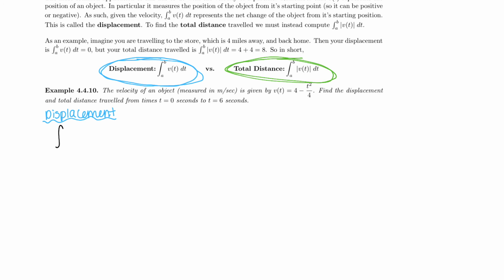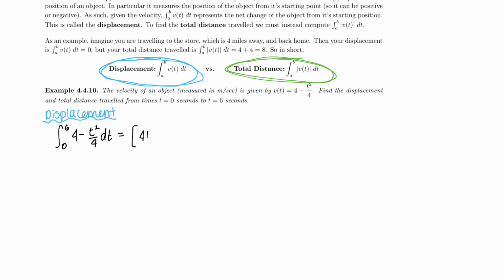So we're going from time 0 to time 6, and our velocity function is 4 minus t squared over 4 dt. So we can just integrate that.